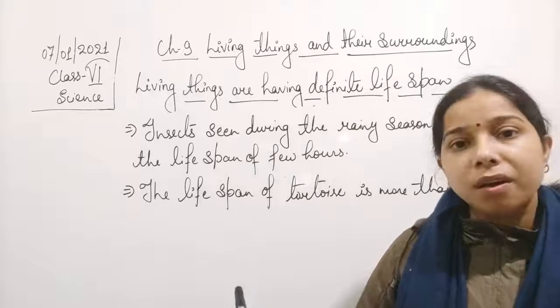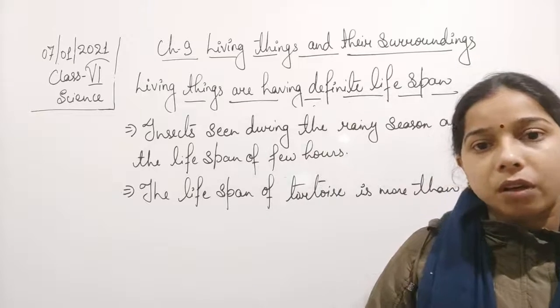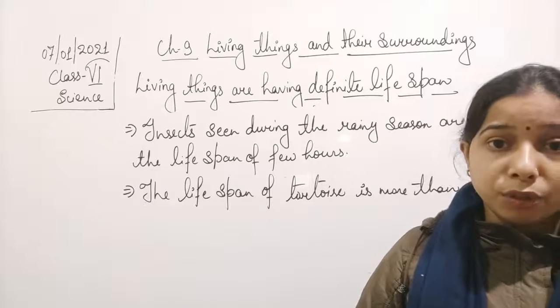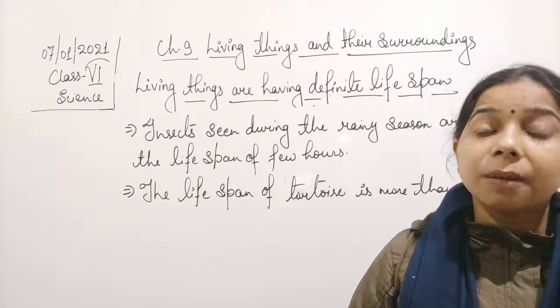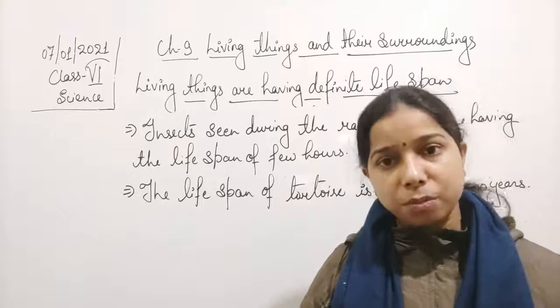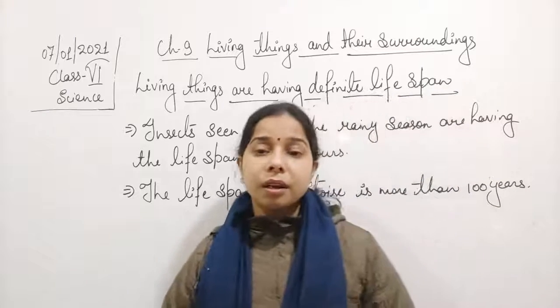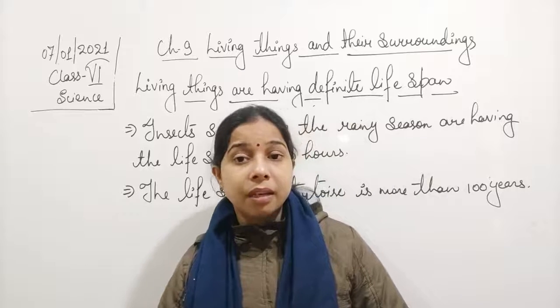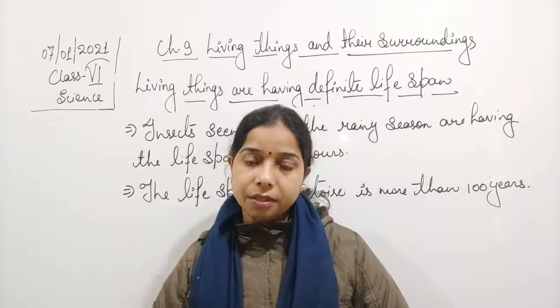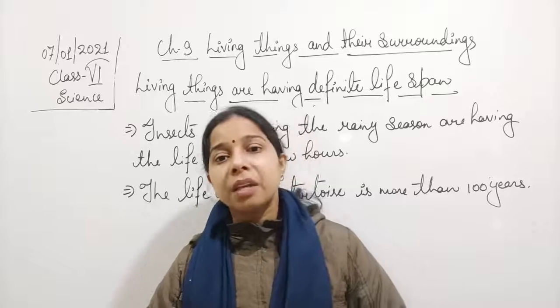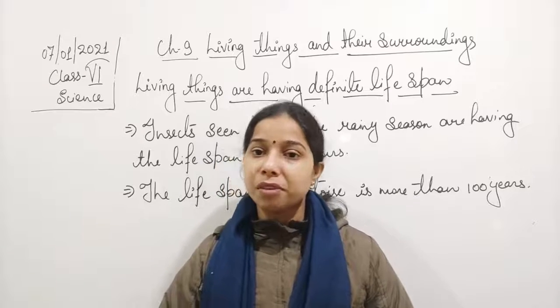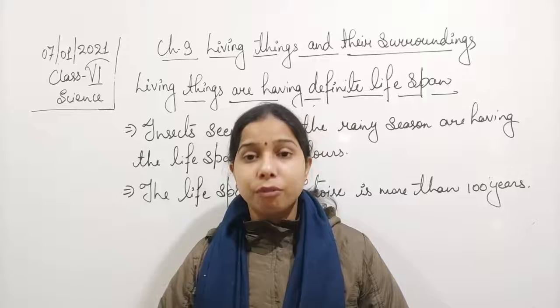And if we talk about the lifespan of a living organism like the tortoise, their lifespan is very big, in which they can remain alive for more than 100 years. Although there are some who can live for 10 years, 5 years, 6 years, even for a few days.